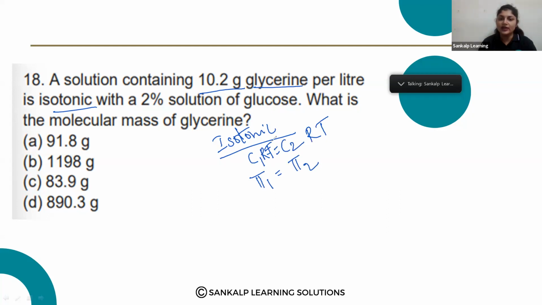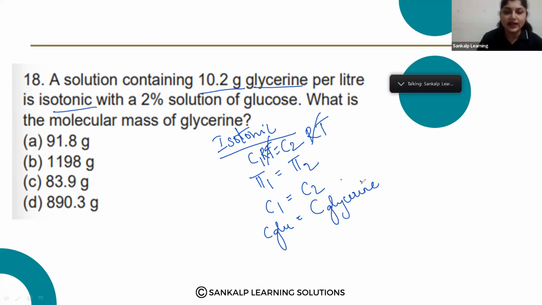RT is common, so it gets cancelled, therefore C1 equals C2. So the concentration of glucose will be equal to the concentration of glycerine, right?